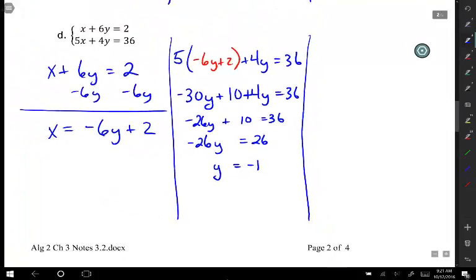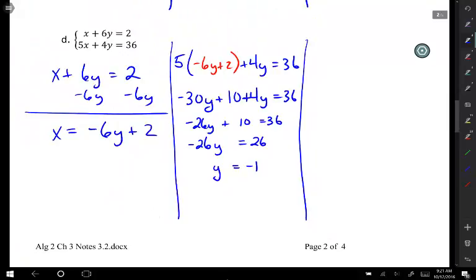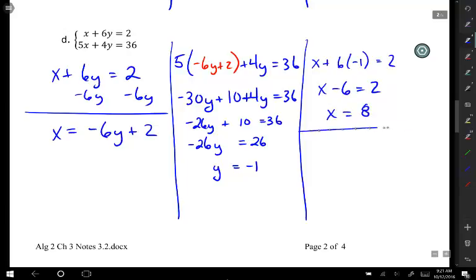All right, so we supposedly have an answer for y. Let's come over now and use that value. X plus 6 times -1 equals 2. X minus 6 equals 2. X equals 8. I used the first equation to solve, so I have to use the second equation to do my check.